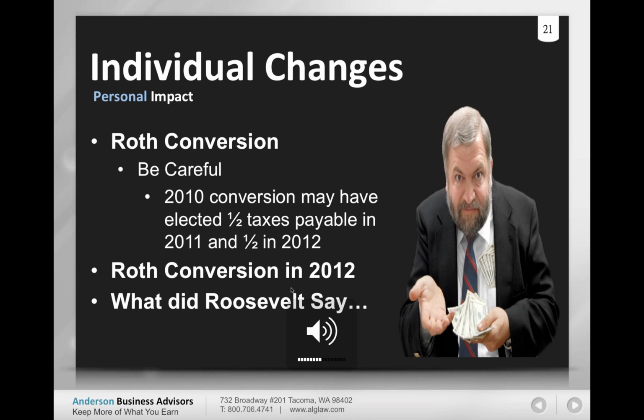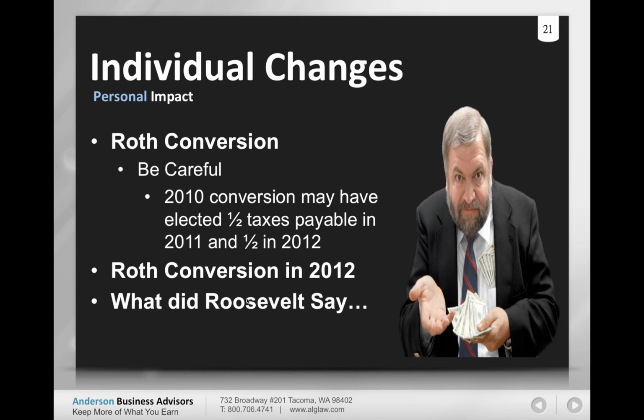They said, you know what? You don't even have to pay this tax amount in 2010, we'll let you have that election to spread it so that it's half payable in 2011, half in 2012. Well, as many people found out in 2012 when they claimed this other half of their Roth conversion, boy, it sure did put them into a higher tax bracket.